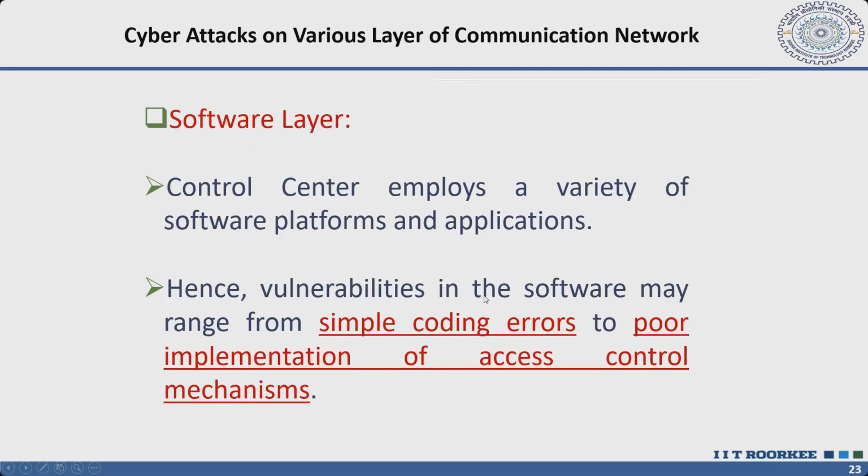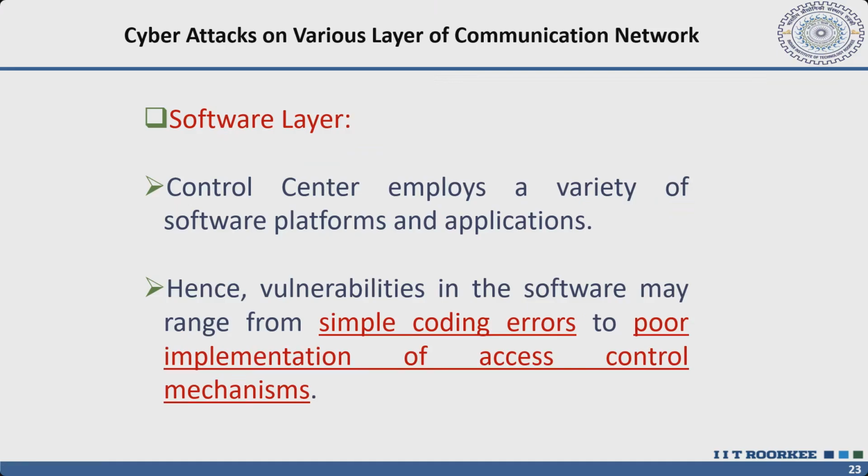And the third one is the software layer. We know that many softwares are available through various platforms from the manufacturer to control your hardware device. One can have hacking of your software platforms or device also, but they can do only coding errors, right?